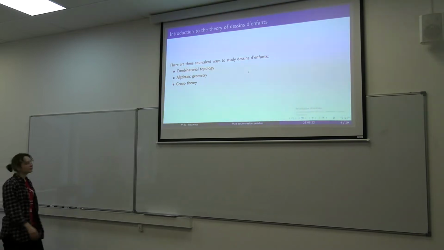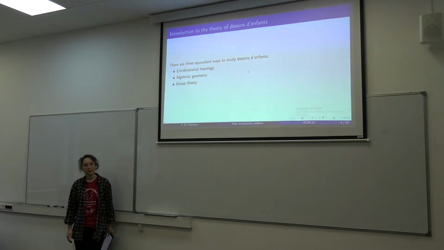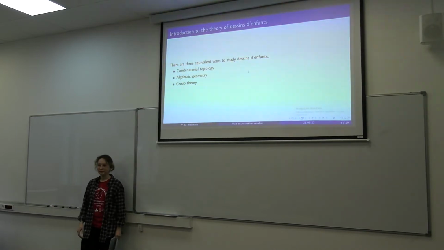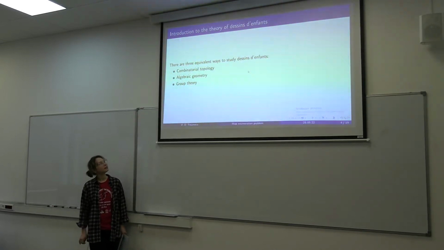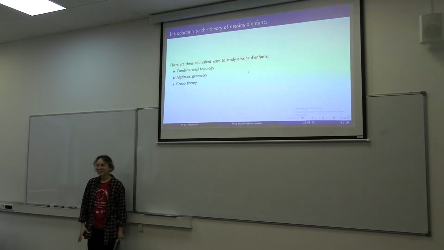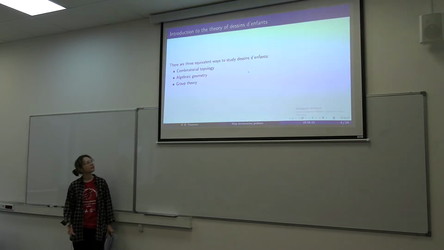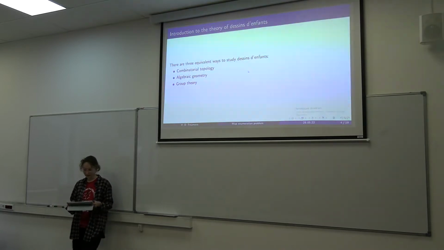So there are three equivalent ways to study Dessin d'enfant, and these are as follows. The one is combinatorial topology, the next is algebraic geometry, and also we can study it through group theory.